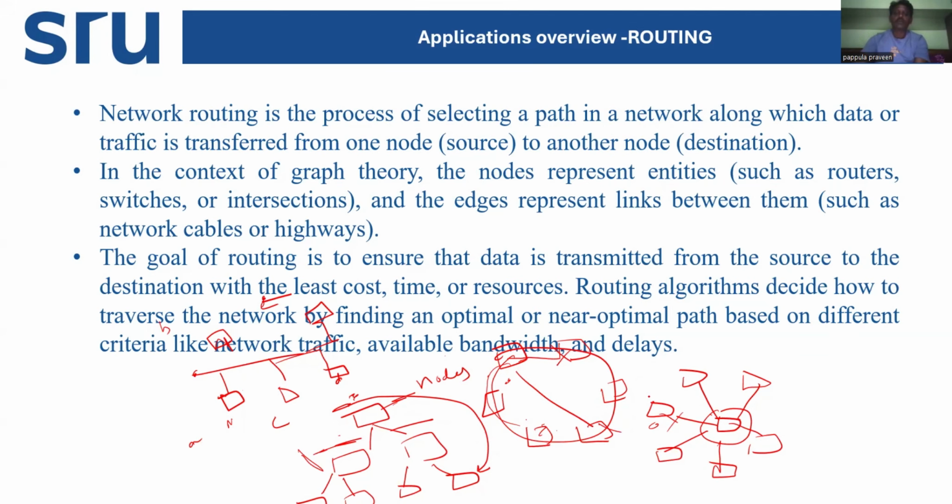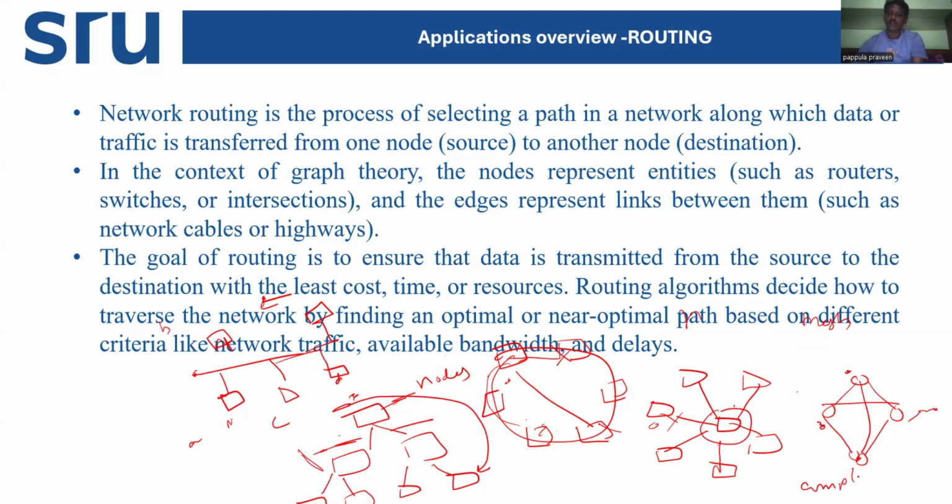So now, graph concepts are used here, and the very important topology is the hybrid, the mesh topology. In the mesh topology, this node is connected with all the remaining nodes, and this node, and this node, and this node too.